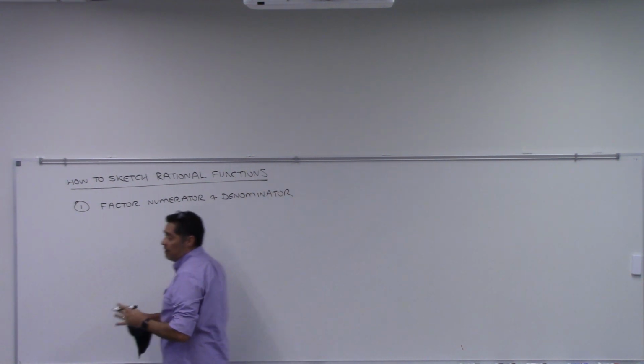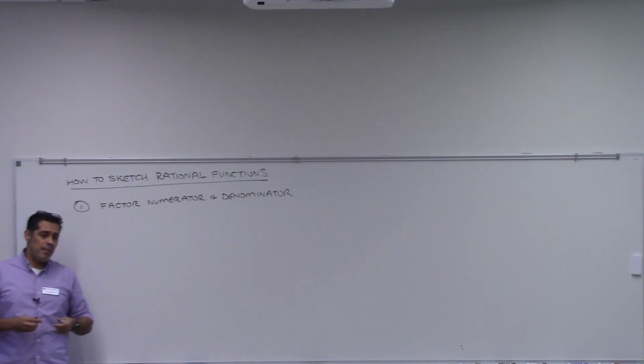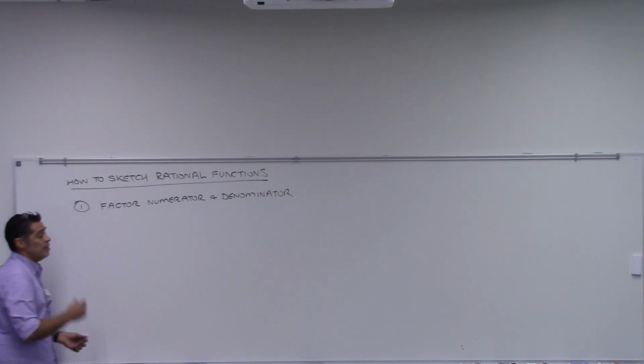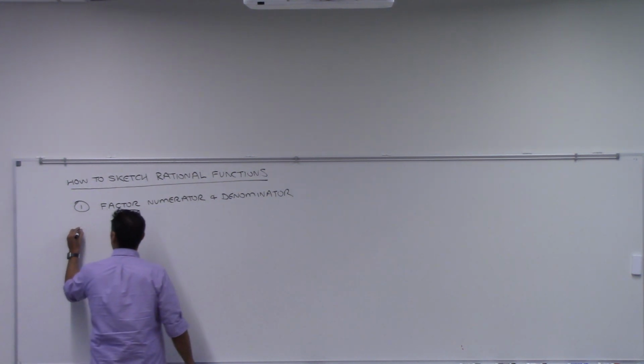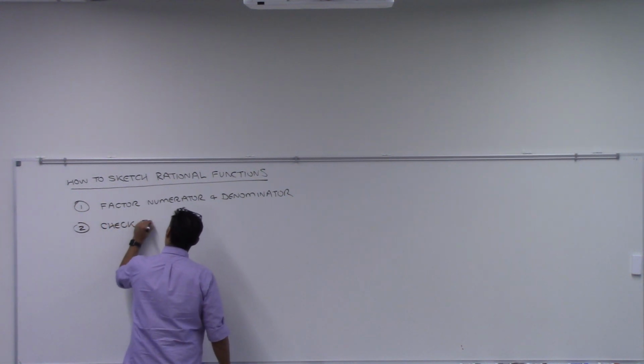Now, that step may not even be required if the original rational function's top is already factored and the bottom's factored, then you don't need to do that. But we might need to do that step, factor the numerator and denominator. Now, when you do that, step 2 would be to check for what?